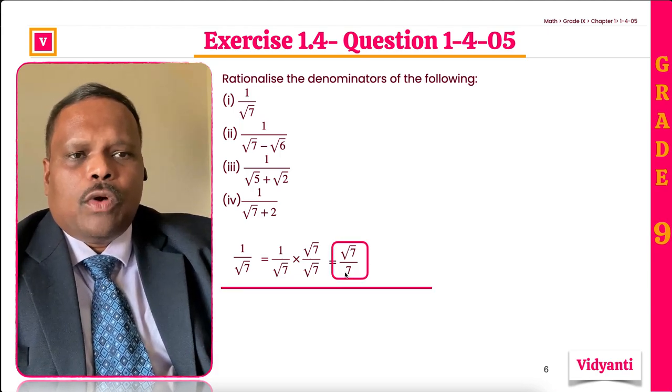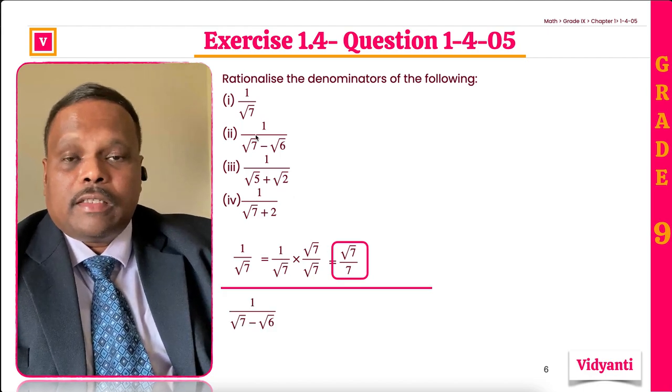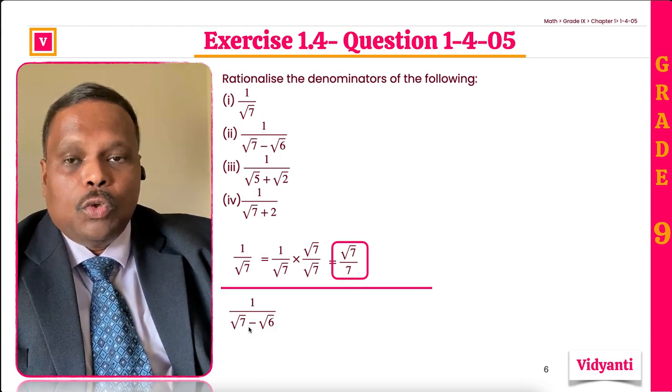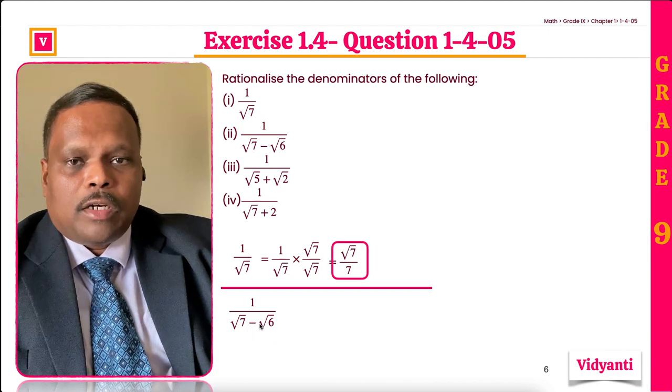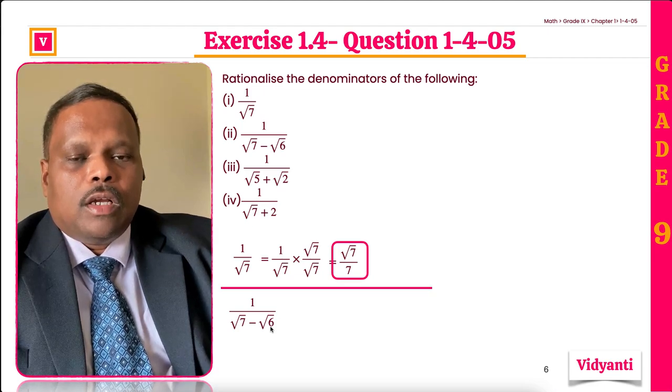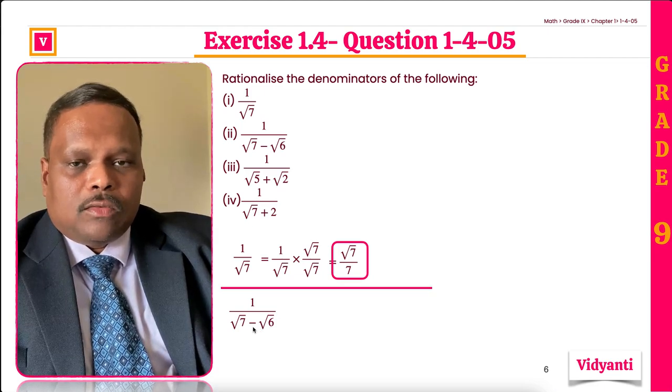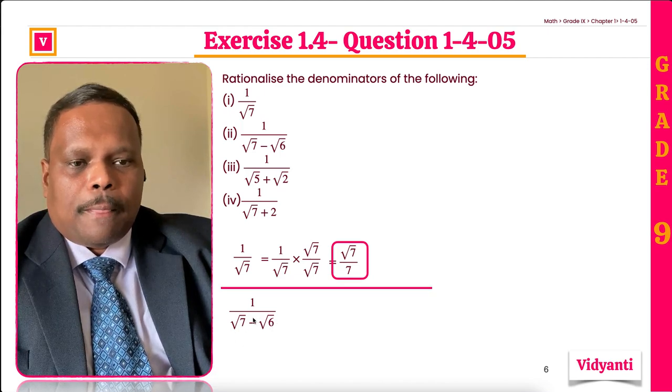What if you have, let's take the second question. Here you have 2 numbers in the denominator. If that is the case, and if the denominator is irrational, because root 7 itself is an irrational number, root 6 itself is an irrational number, so if you subtract irrational minus irrational, you still get an irrational number. If you have 2 numbers like this, you always multiply by the conjugate of the denominator.